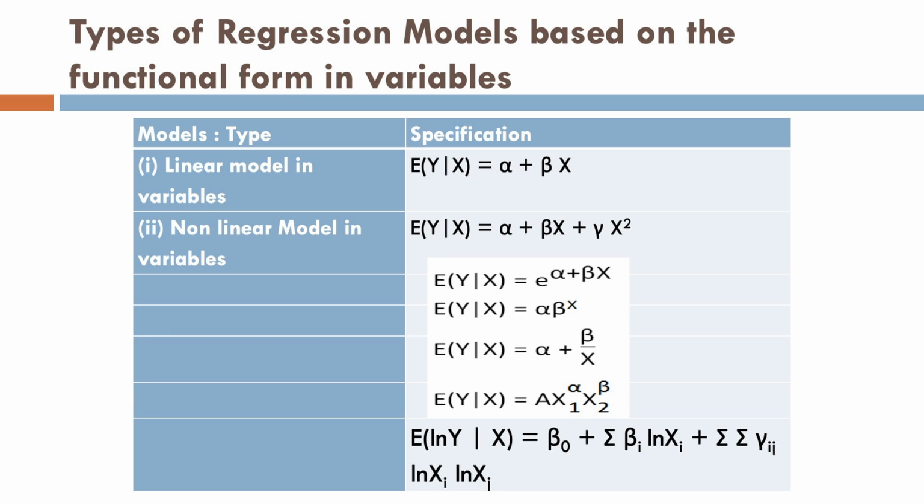For example, y is equal to alpha plus beta x plus gamma x square can be taken as a linear function if x squared is taken as one independent variable. Let me say x dash. Similarly, y is equal to a into x1 power alpha x2 power beta. If you take log both sides, it becomes a complete linear function.